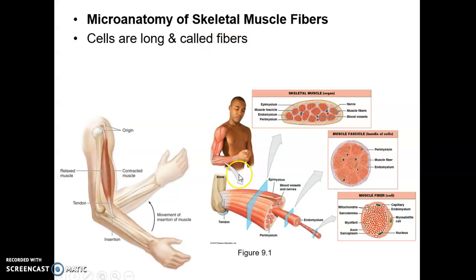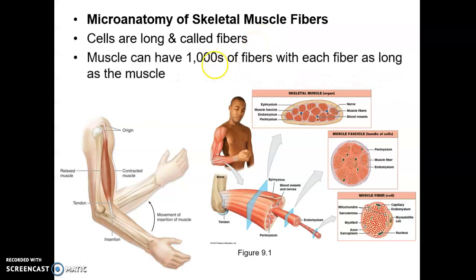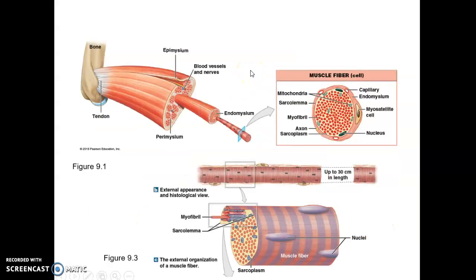As we'll see when we look at the musculature of the leg, the longest muscle in your body is something called the sartorius, and it goes from your hip all the way down to your knee joint. So that's about 2 feet long, roughly. So very long, elongated muscle fibers. And muscles can have thousands of fibers depending on how big the muscle is, like a thigh muscle, with each fiber as long as the muscle.